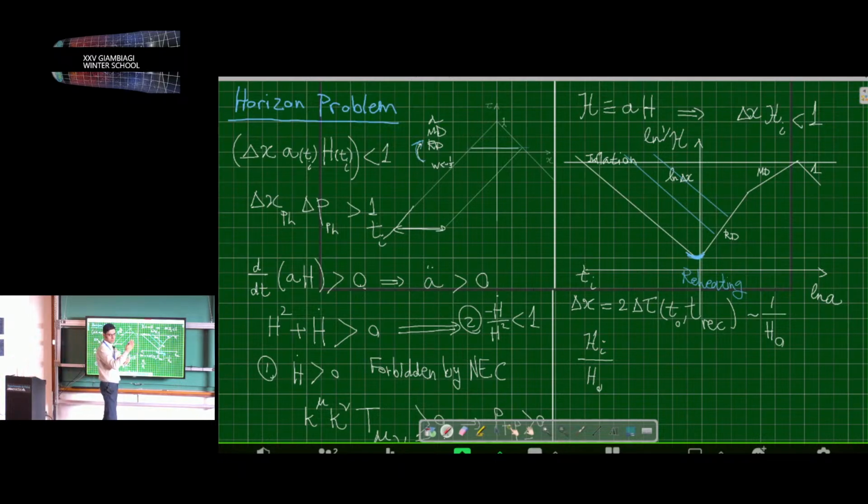And depending on what exactly that W is, the slope of this line is going to change. The closer W is to minus 1, the higher the magnitude of this slope. Therefore, it solves the problem faster, more efficiently.